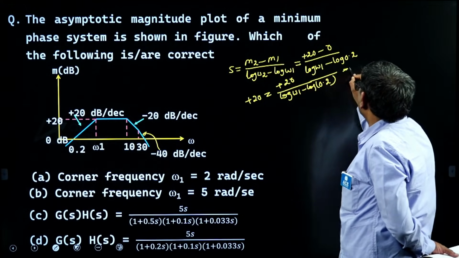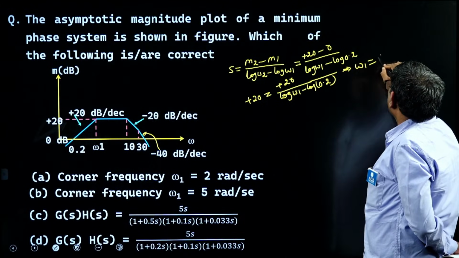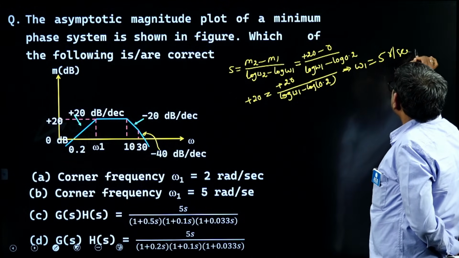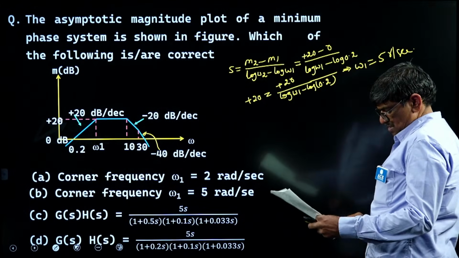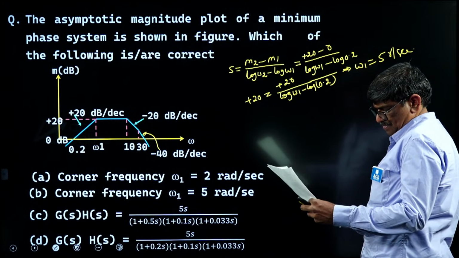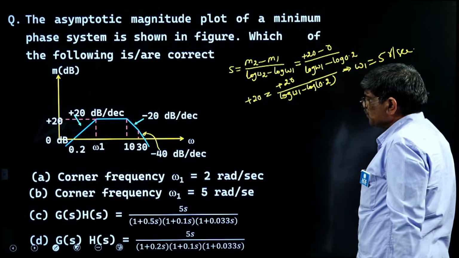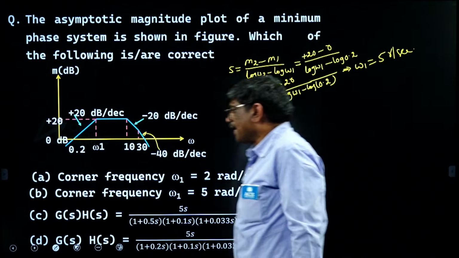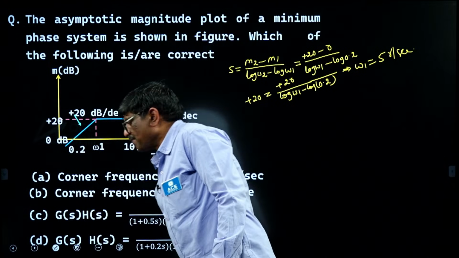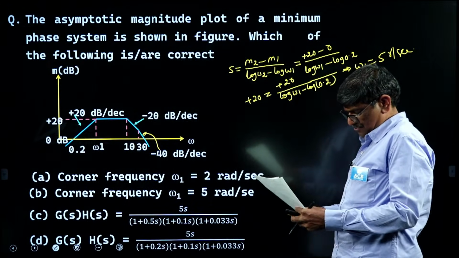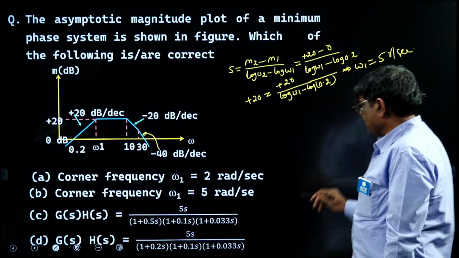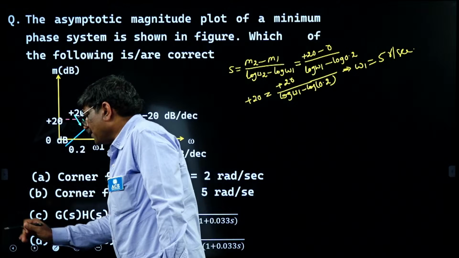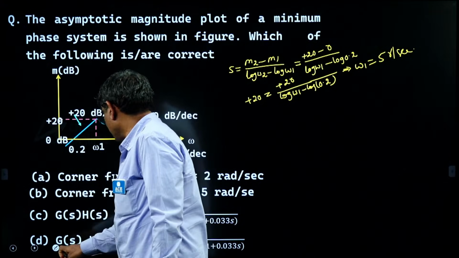You solve for omega 1. You will get 5 radians per second. Check it. I think omega 1 is 5. No, sorry, 2. Omega 1 is 2. What is omega 1 you are getting? Check it, all of you. You will get 2. Somebody written B, wrong. Check it once.